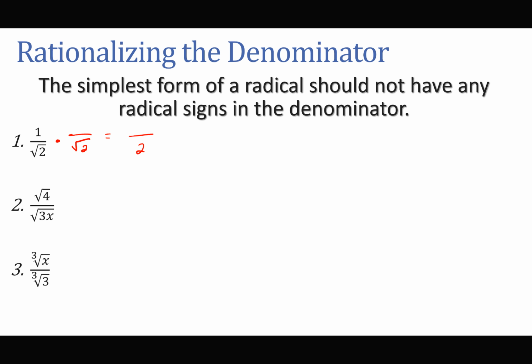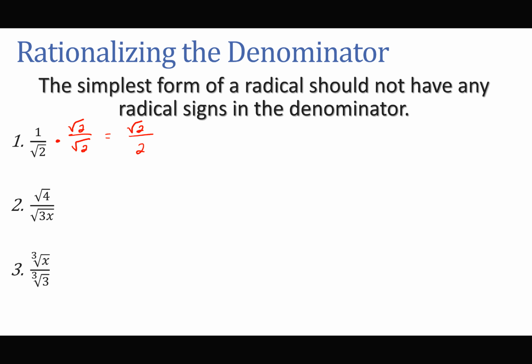Square root of 2 times square root of 2 is just 2. So we've eliminated the radical in the denominator. Well, with math, if I multiply the denominator by this new root 2, I have to multiply the numerator by root 2 as well. So now this becomes root 2 divided by 2.